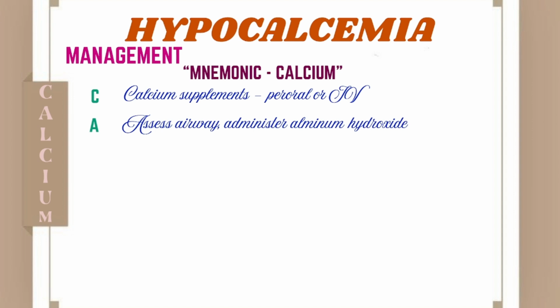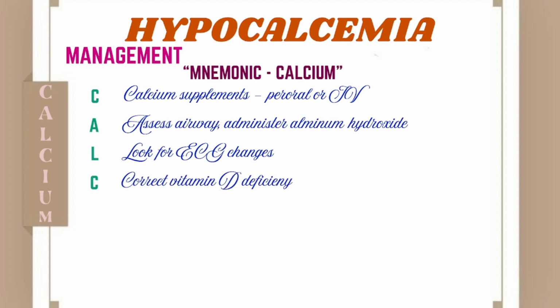Aluminum hydroxide is given if the cause is high phosphorus, because in case of high phosphorus the calcium level is low, so if we manage the high phosphorus levels, then calcium level can be maintained, and to manage that we can give aluminum hydroxide. L stands for look for ECG changes. We have to continuously monitor for ECG changes.